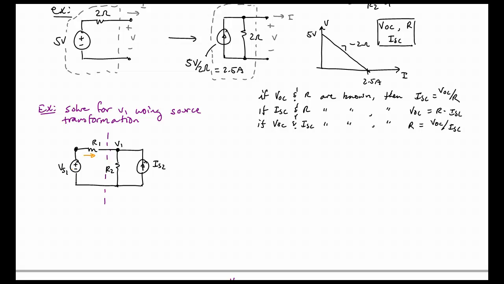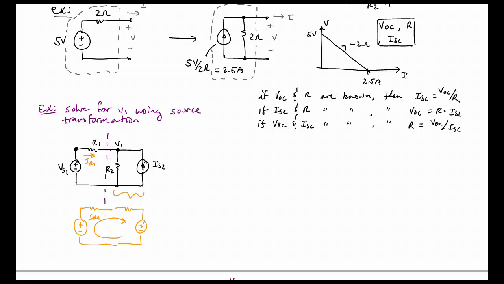Well, I would argue you would want a single loop circuit, because once you transform this right side into a resistor and a voltage source, the single loop that would result would have a current that would be this current IR1. And by solving that single loop circuit, which is done very easily, right?